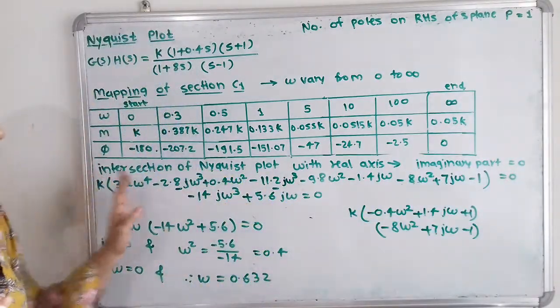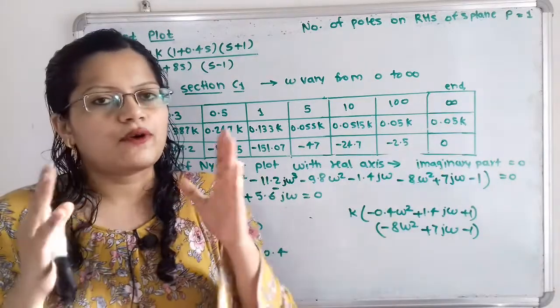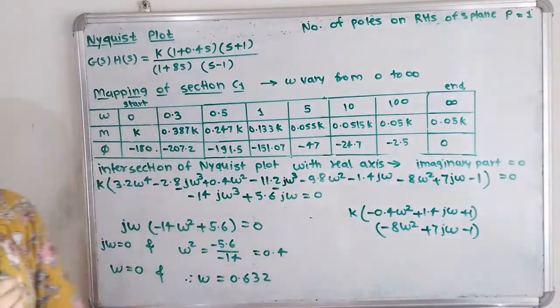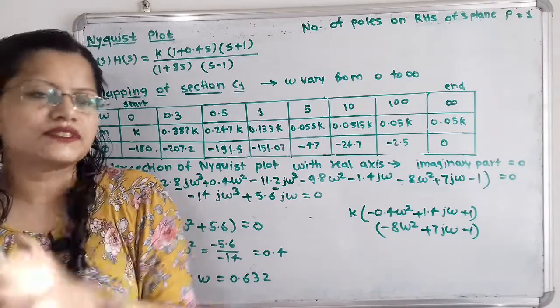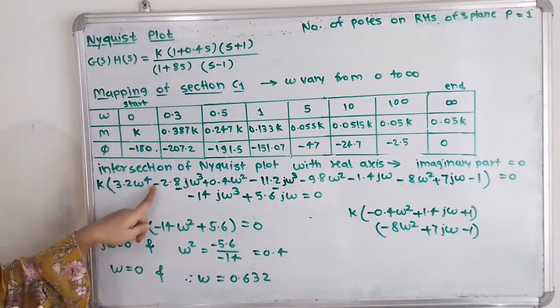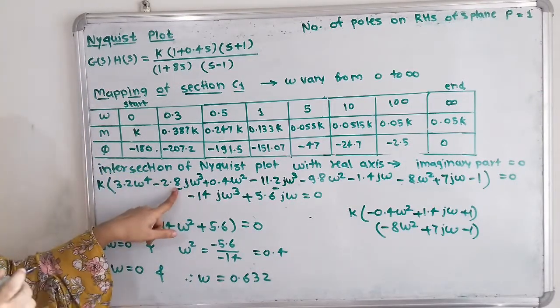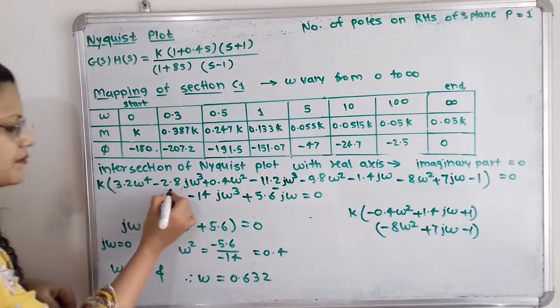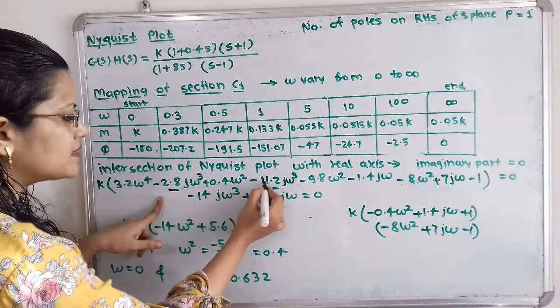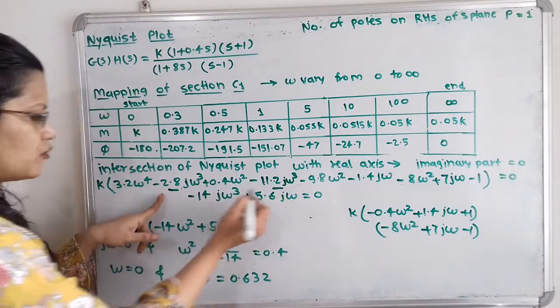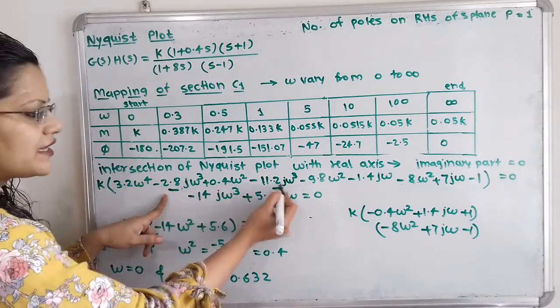Now from this we will take separately the imaginary part. Imaginary part means the terms which contain j omega. If we observe, minus 2.8 j omega cube is one term, and here is also minus 11.2 j omega cube, so these two terms are imaginary.